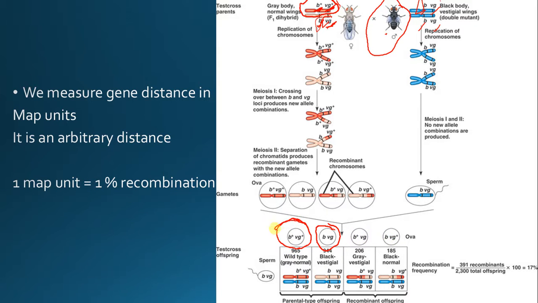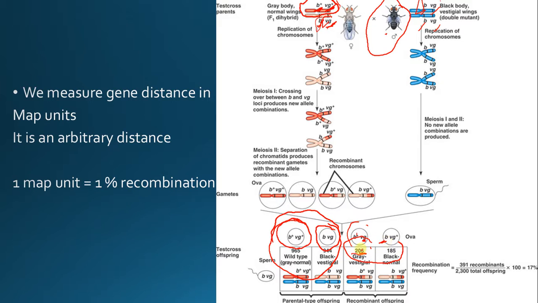We would expect all 2,000 offspring to have these if no recombination occurred. But recombination did occur. Some ended up with a dominant B plus a recessive vg. Some ended up with a recessive b, a dominant VG plus. So these are the recombinants.